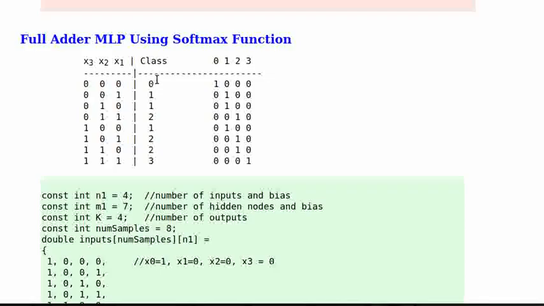So for class 0, bit 0 is 1. Class 1, bit 1 is 1. Class 2, bit 2 is 1. Okay. And class 3, bit 3 is 1. Okay. And these are the targeted outputs.